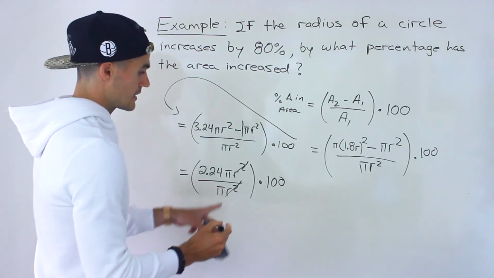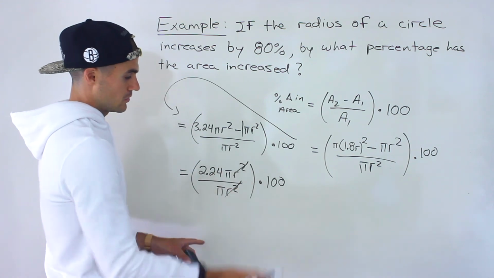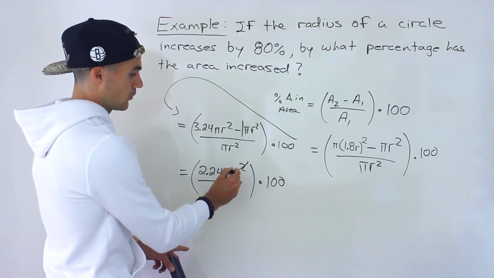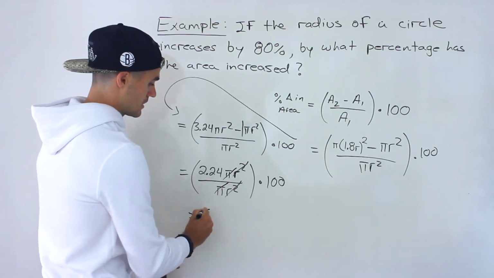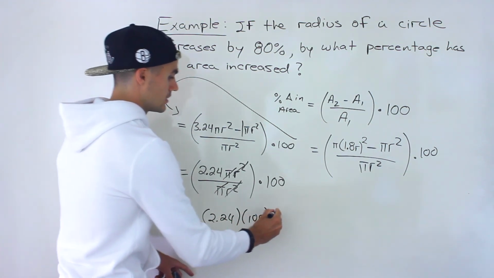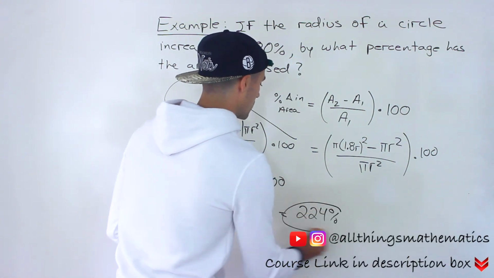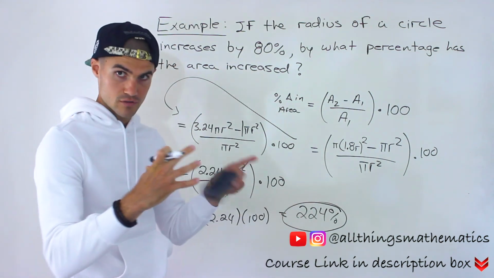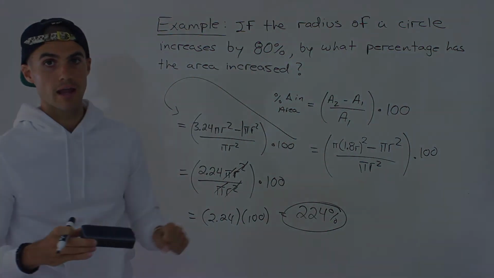That's why I was saying it doesn't matter what numbers you use, because these variables are canceling out anyway. It's not going to be dependent on whatever that radius is. And then the pi's cancel out as well. So you'd end up with 2.24, that's in decimals, multiplied by 100, and so you'd end up with 224%. And so that's the final answer. That's the amount the area of a circle is increasing if we increase the radius by 80%.